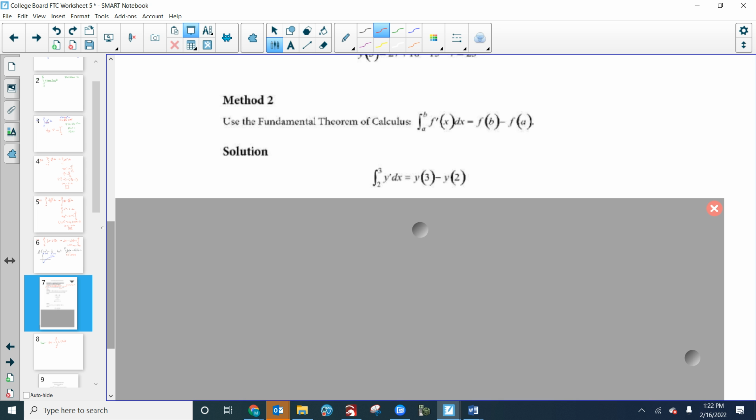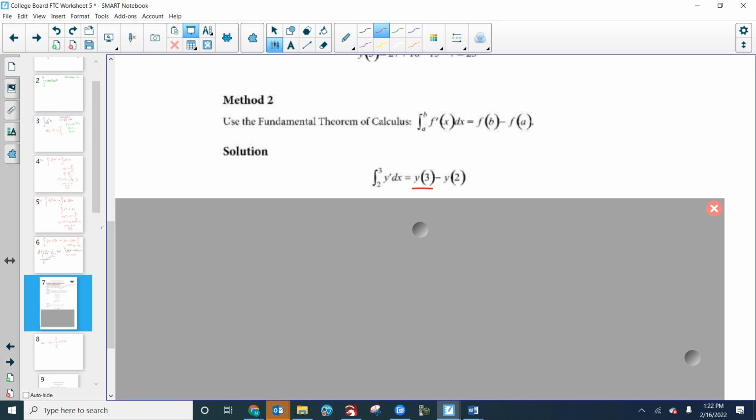Tell me if this makes sense. This is y of 3 minus y of 2 using the fundamental theorem part 2. Antiderivative, plug in 3, plug in 2, subtract. Everybody good with that? What was I trying to find in the first problem? Evaluate y of 3. So isn't this what I'm going to solve for?